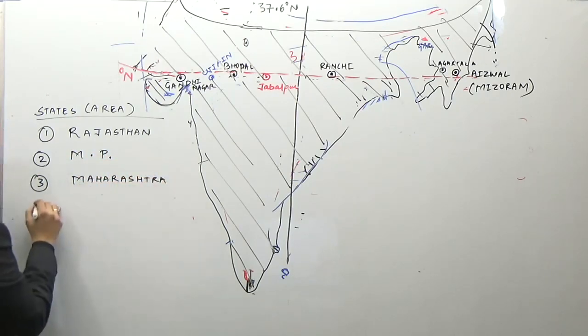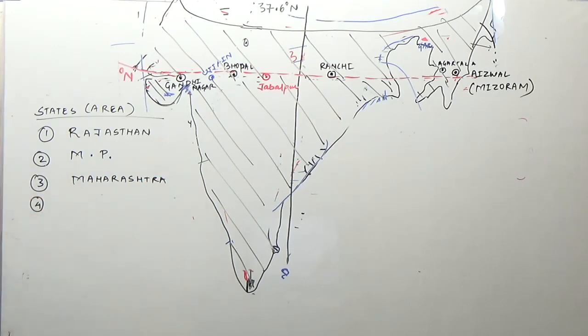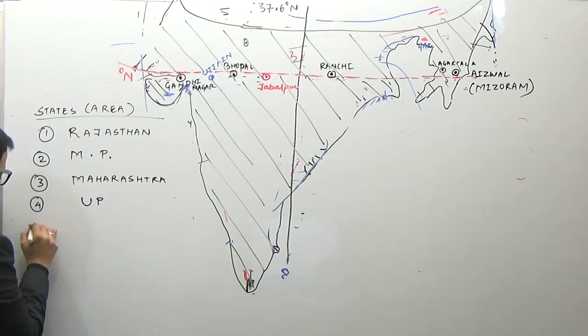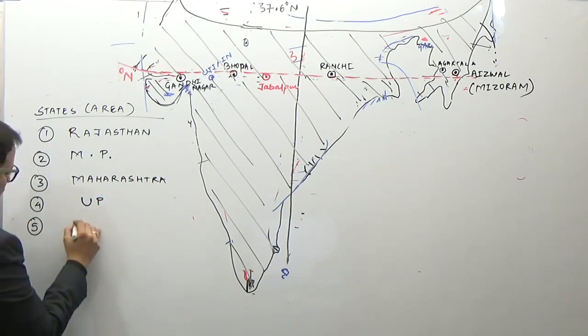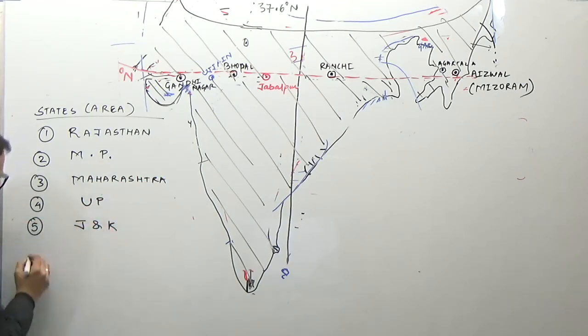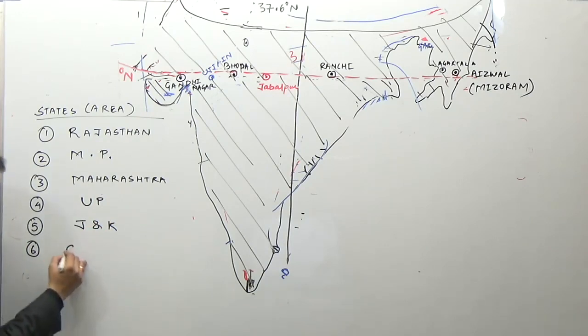The fourth biggest is UP. The fifth biggest is Jammu and Kashmir. The sixth biggest is Gujarat. The seventh biggest is Karnataka.